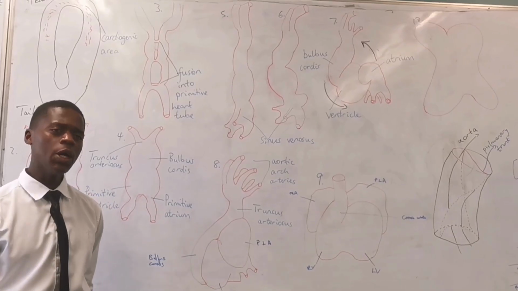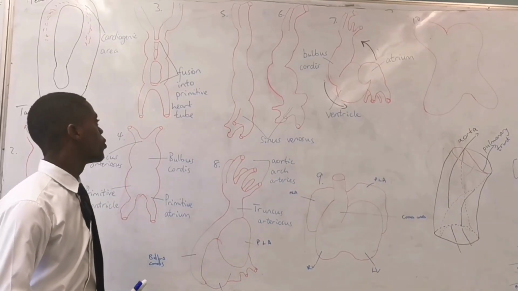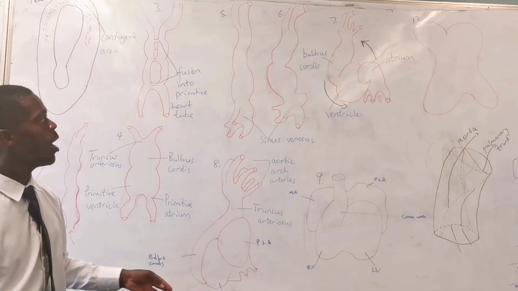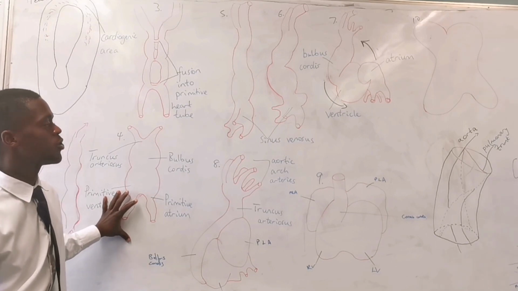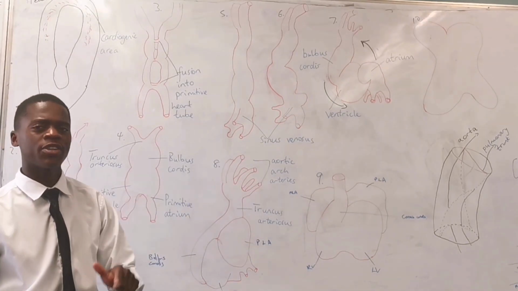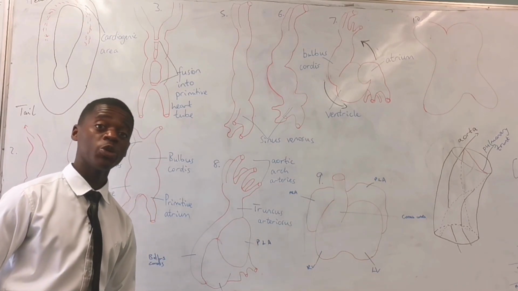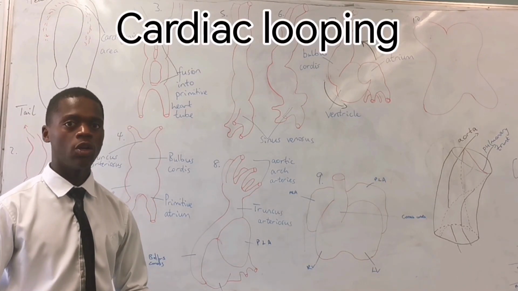Okay, so now we are done explaining the various parts of our heart. Now we want to know how this straight tube is going to form this complex heart structure. So this happens through a process that we refer to as cardiac looping.